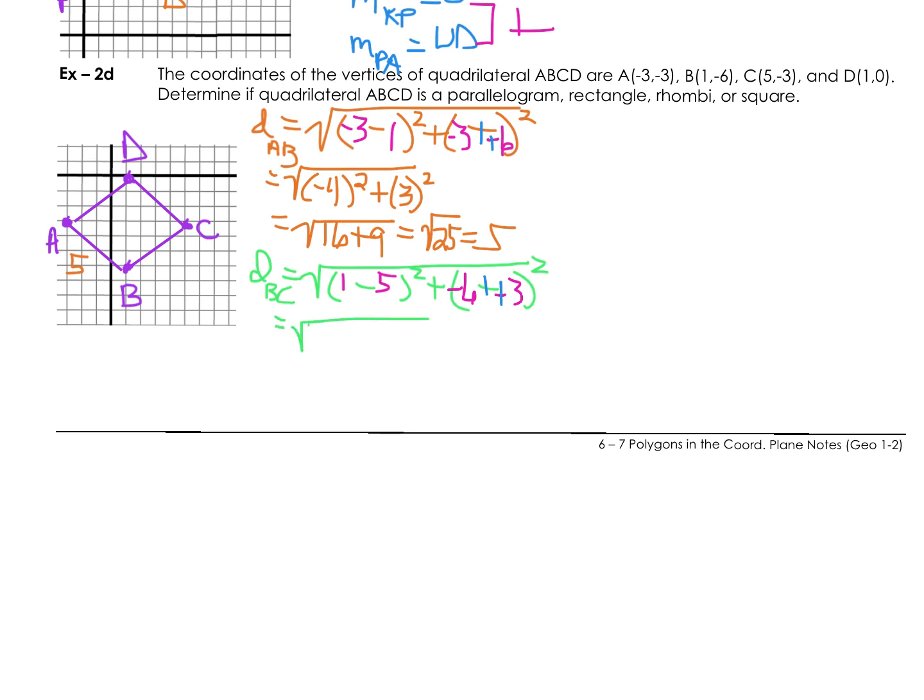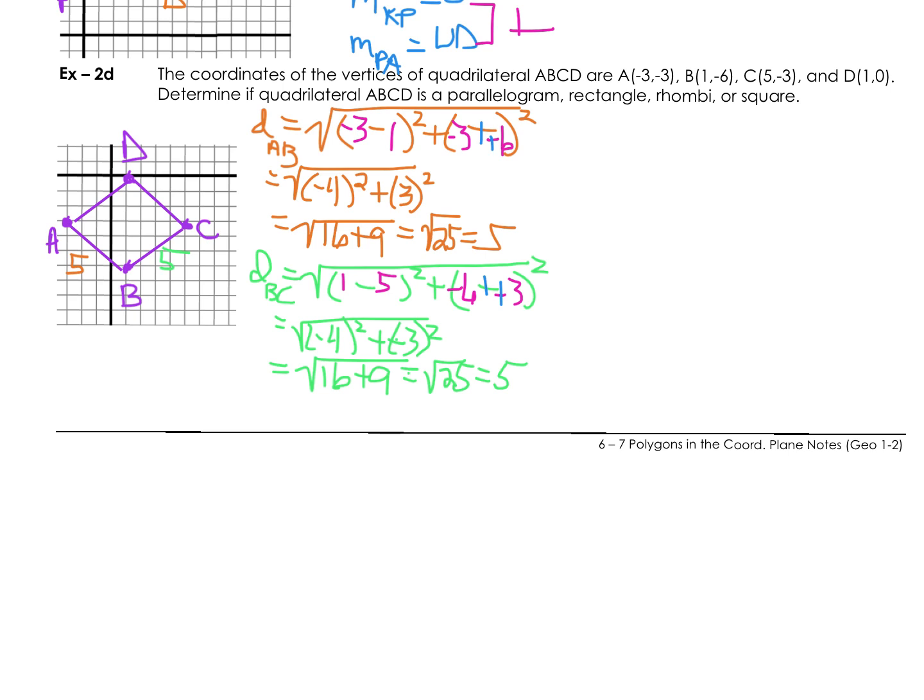So 1 minus 5 is -4 squared, plus -6 plus 3 is -3 squared. That gives us the square root of 16 plus 9, equals the square root of 25, equals 5. So then I'm going to put a 5 on that length.